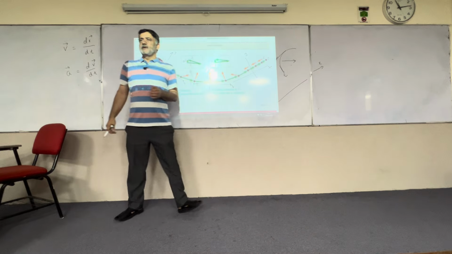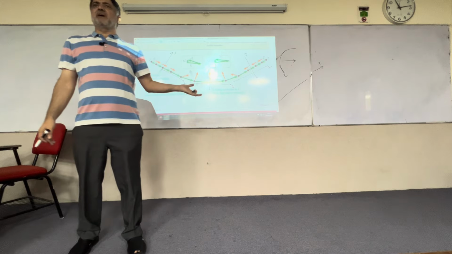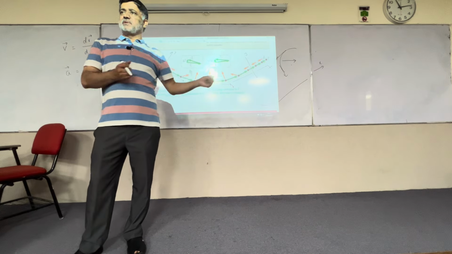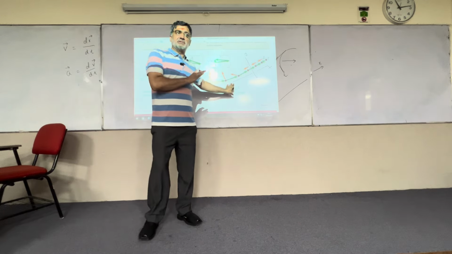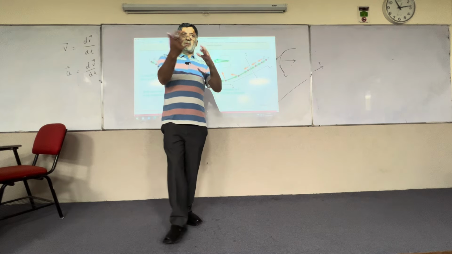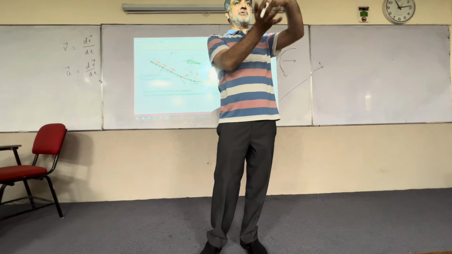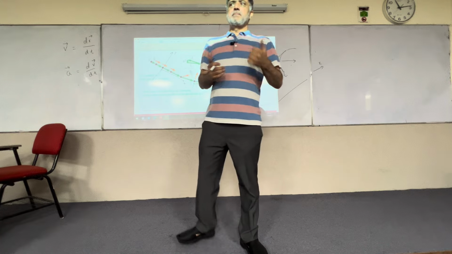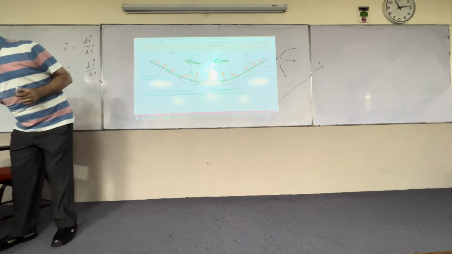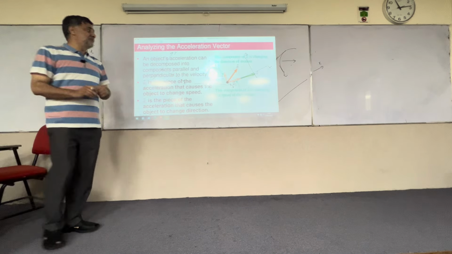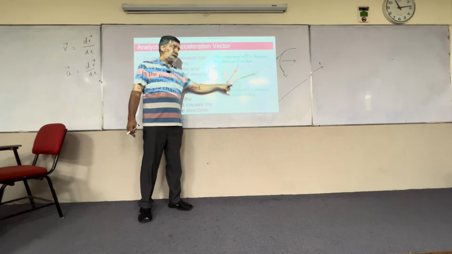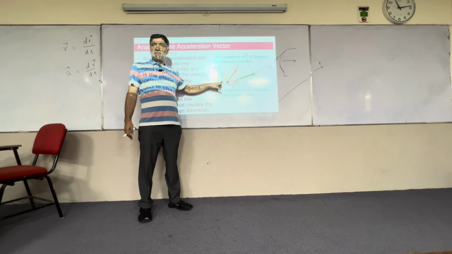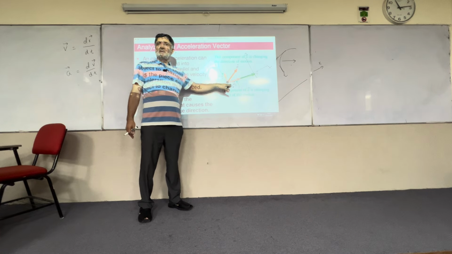So instead of calling it x and y, because many people get confused with this, there's nothing wrong, by the way, with calling it x and y, because you are allowing x and y to change with time. Another way of getting around this confusion is to call it parallel and normal. So this is the normal, this is the parallel.